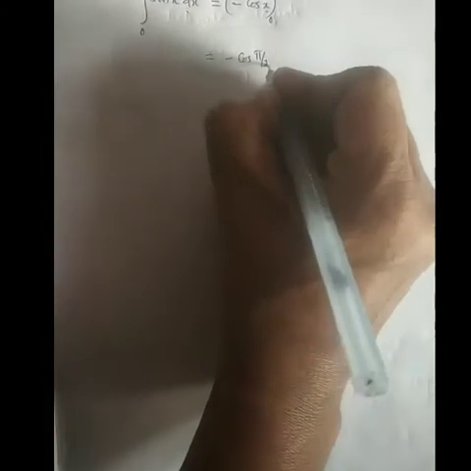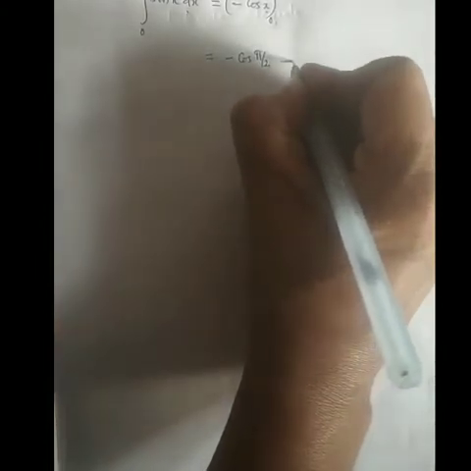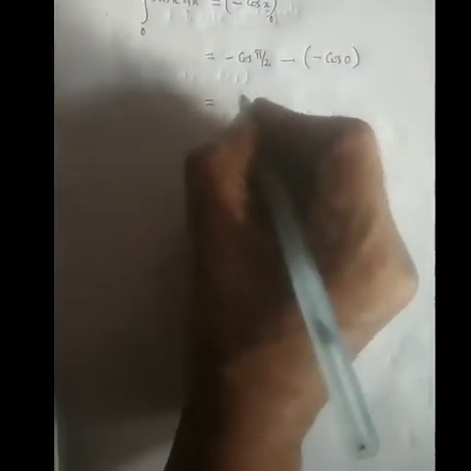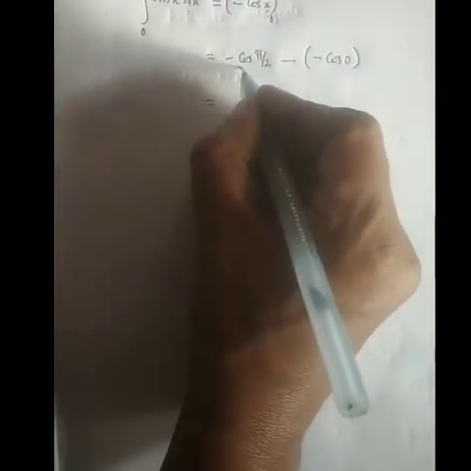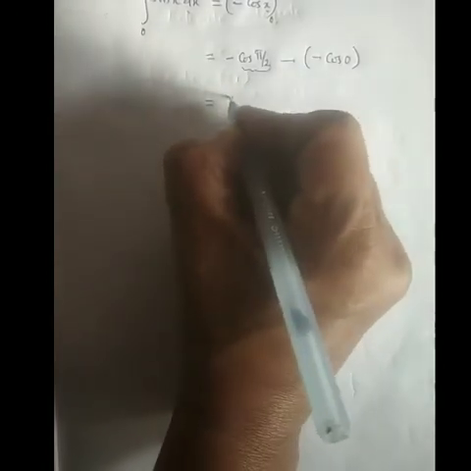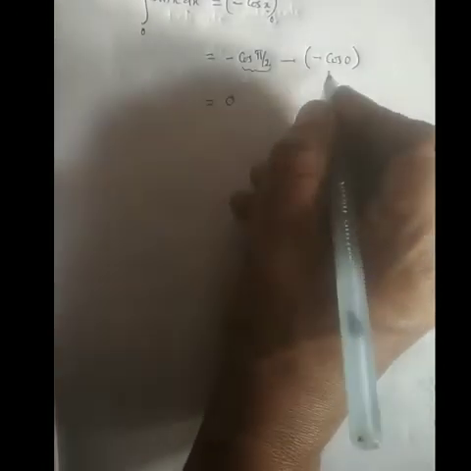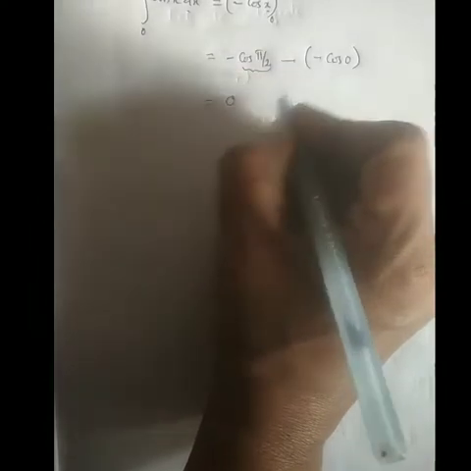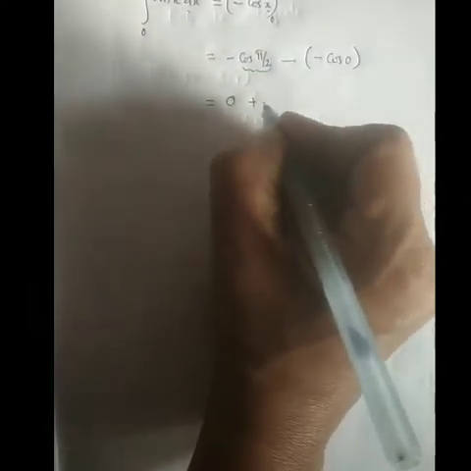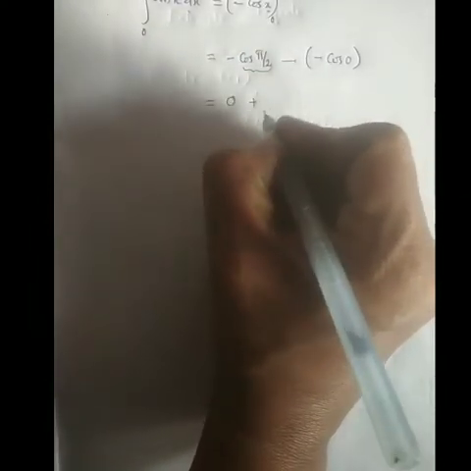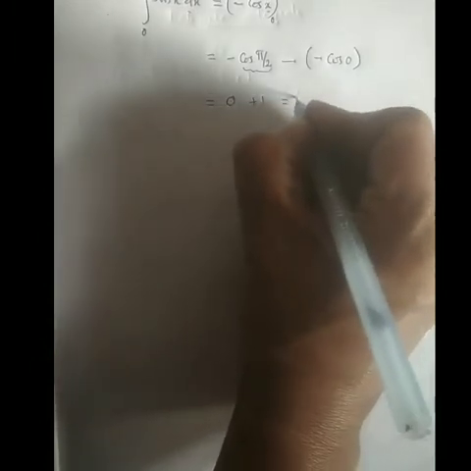So minus cos pi by 2 minus of minus cos 0. Cos pi by 2 is 0 and cos 0 is 1. Minus and minus make plus, and cos 0 is 1. So the answer is 1.